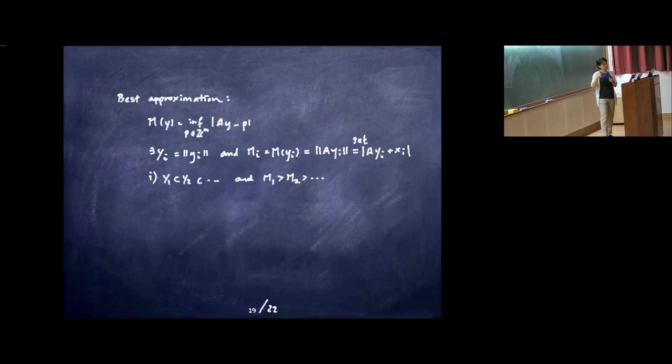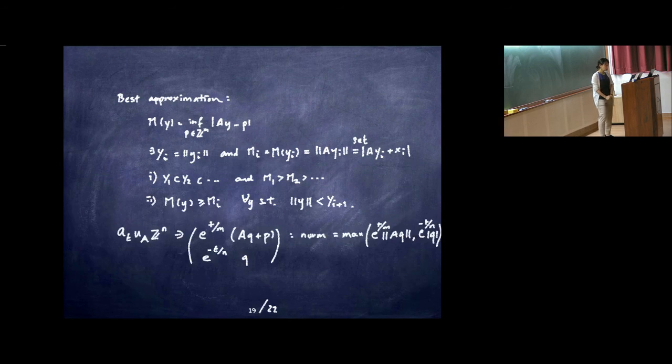So we can find the sequence which are local minima, if you want. So yi is increasing, right? We're looking at bigger and bigger vectors for which the approximation error is smaller and smaller. So mi is like the approximation errors, and the yi are the lengths of the vectors.